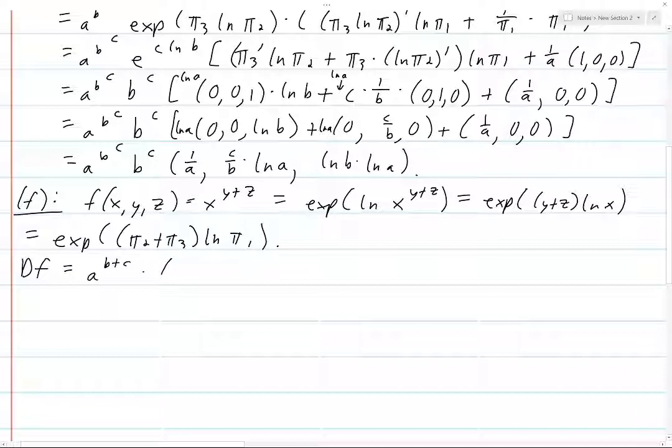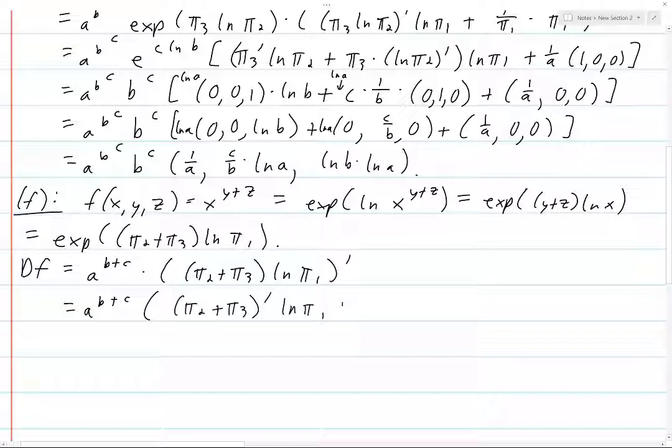I should skip to the next line because we're going to have to use a product rule here. So we're going to have pi 2 plus pi 3 prime natural log of pi 1 plus pi 2 plus pi 3 times natural log of pi 1 prime.